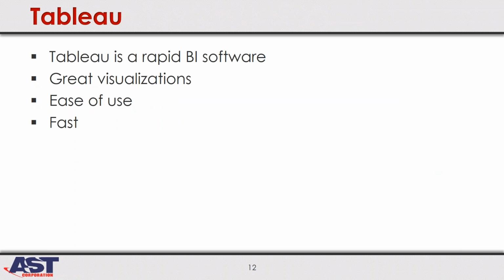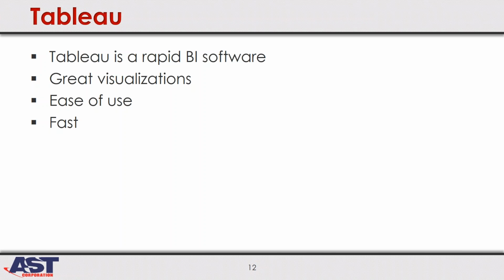For now, the Amazon part is over, and next is Tableau. Tableau is a rapid BI tool which is used to create great visualizations based on our data. We can create analyses, group them into a dashboard, and group those dashboards to create a nice story to present to users.